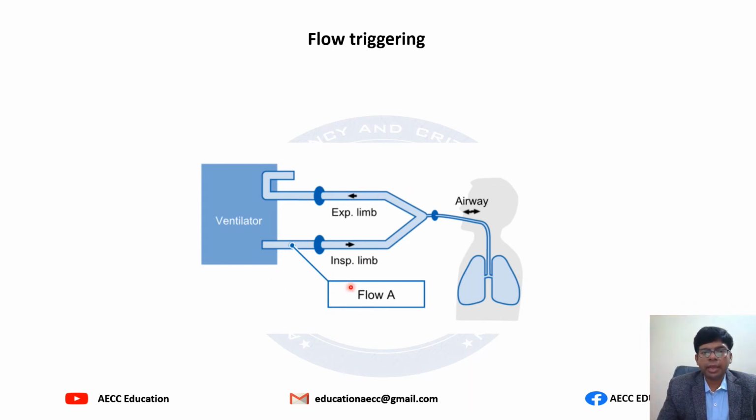The flow A in the inspiratory limb, the flow B in the expiratory limb, and the airway flow, the gas flow measured at the airway. This is the airway flow.